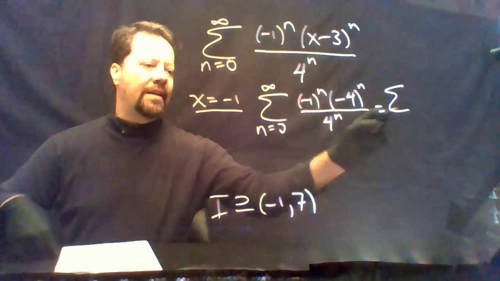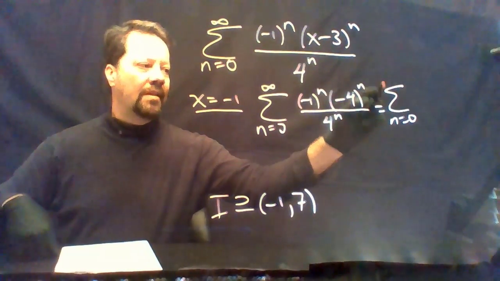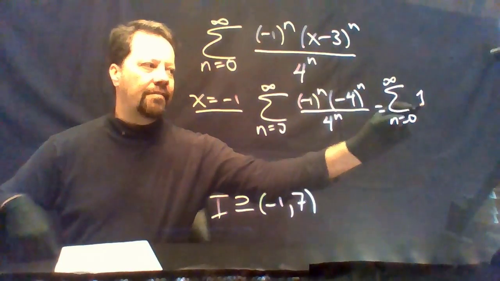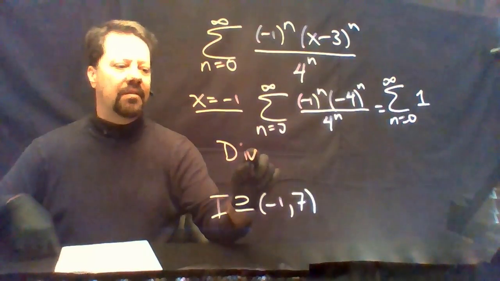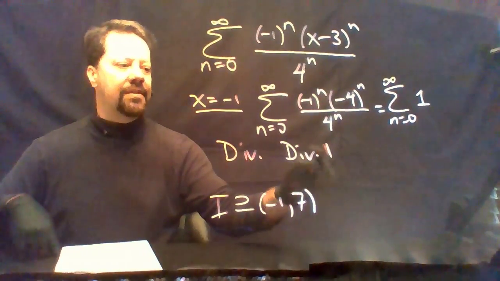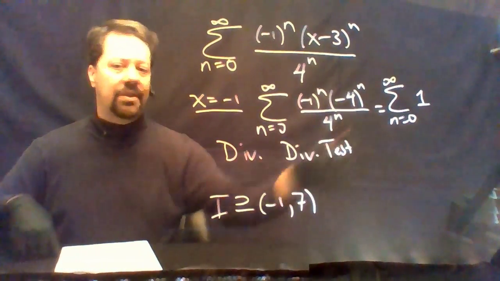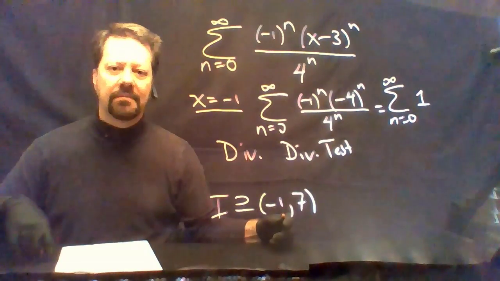This simplifies as the sum as n goes from 0 to infinity of just 1. This diverges by the divergence test. The terms don't go to 0. They stay at 1.